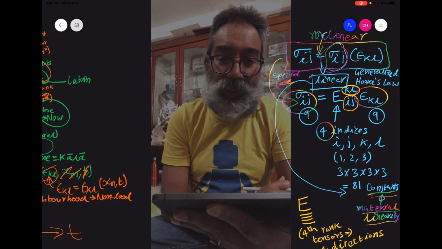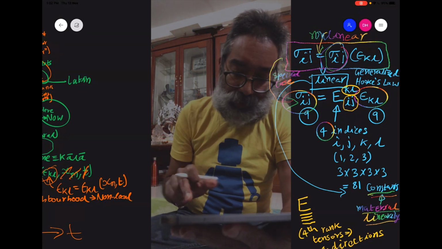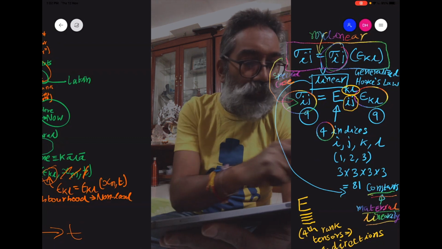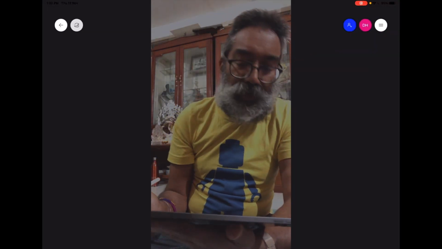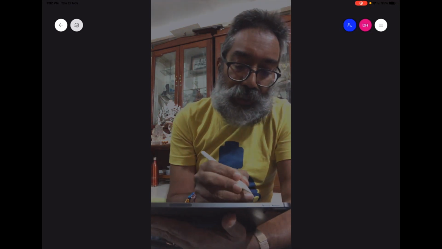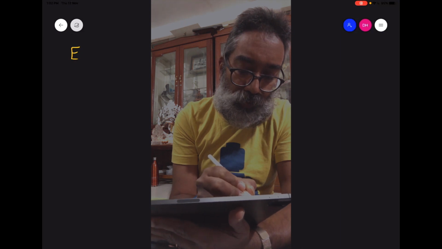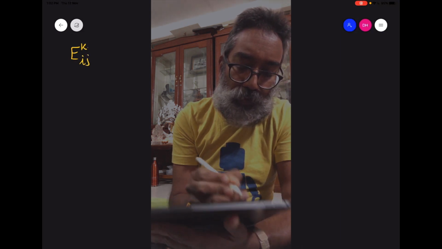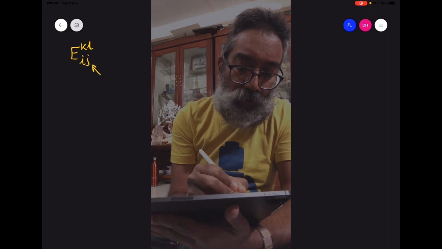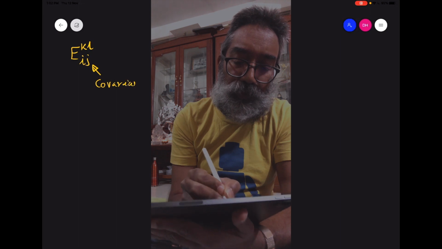When we use subscripts, we are basically talking of what are known as covariants.